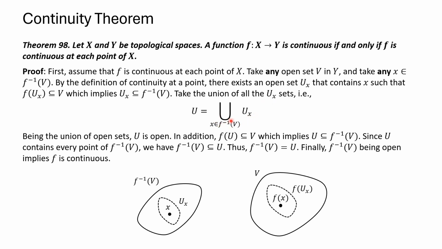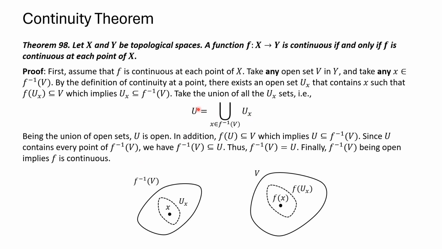For each x in here, we're going to get a different U sub x. That's what this notation here is. For each x in f inverse V, take the union of these U sub x sets.